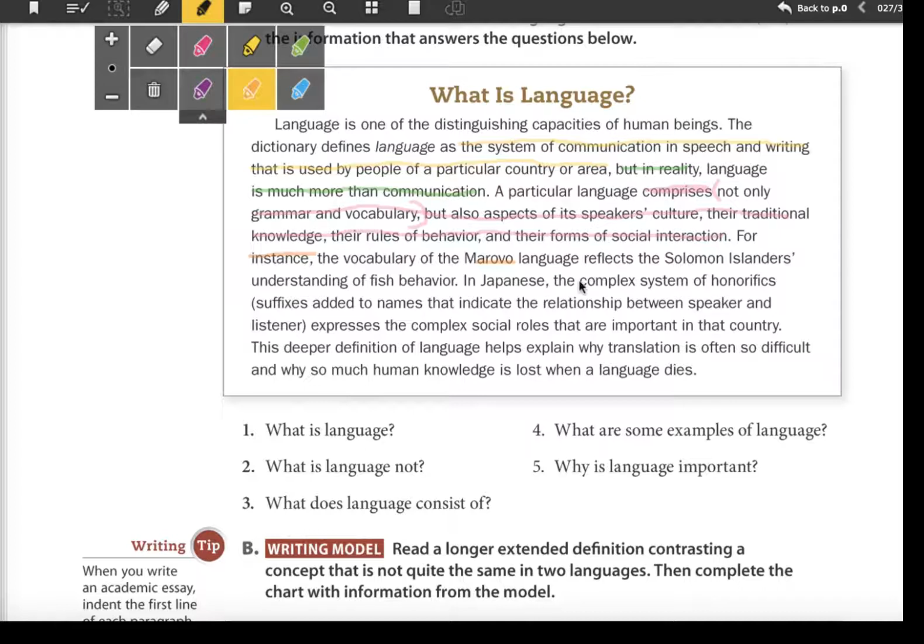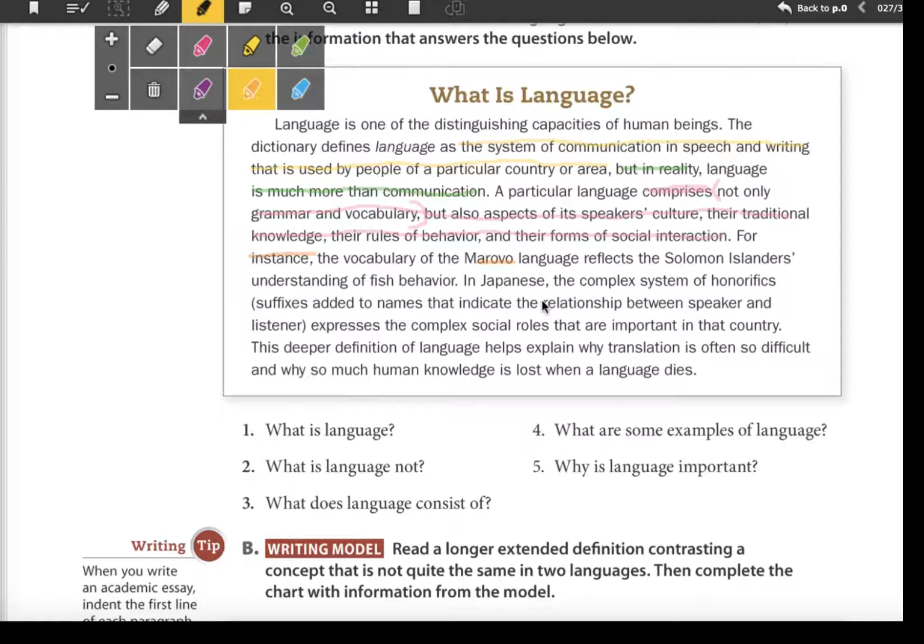Or in Japanese, the complex system of honorifics, that means how you use people's names to indicate the relationship between that speaker and listener. They use different suffixes for that to express the complex social rules that are important in that country. Okay, so those are examples of language. So they use Moravo to understand fish behavior, and they use Japanese to understand the complex system of greeting people in the Japanese culture. What kind of language do they use to make that so important?